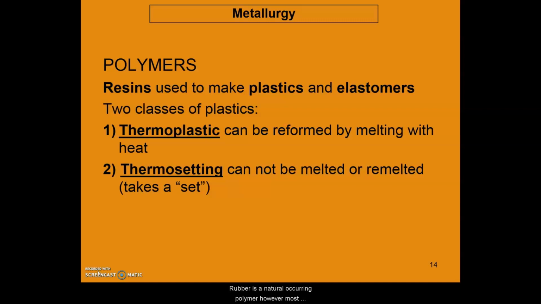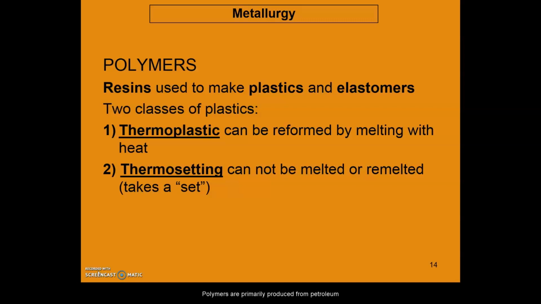Rubber is a naturally occurring polymer. However, most polymers are created by engineering the combination of hydrogen and carbon atoms and the arrangement of the chains they form. The polymer molecule is a long chain of covalently bonded atoms, and secondary bonds hold groups of polymer chains together to form the polymeric material.